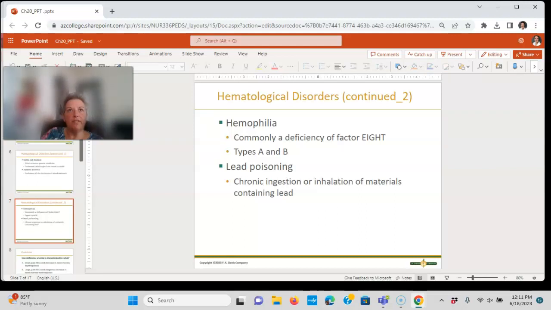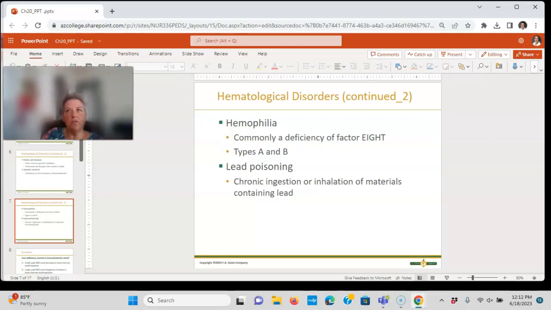So administration of factor VIII, corticosteroids, NSAIDs that will interfere with the platelet formation. Avoid aspirin, avoid chronic use of codeine, and supportive care with exercise and PT.